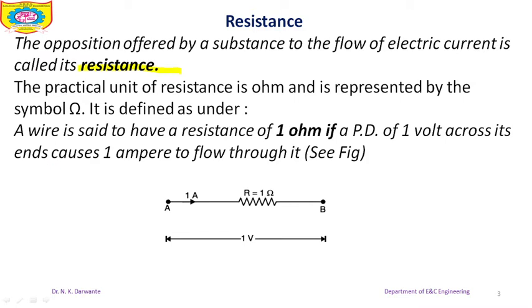A wire is said to have a resistance of 1 ohm if a potential difference of 1 volt across its ends causes 1 ampere to flow through it.